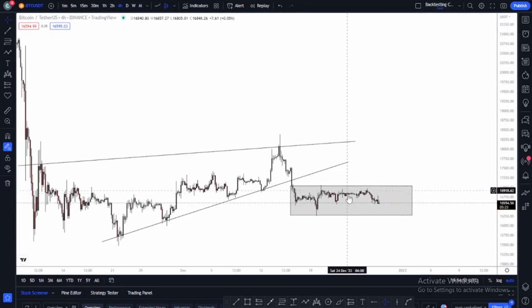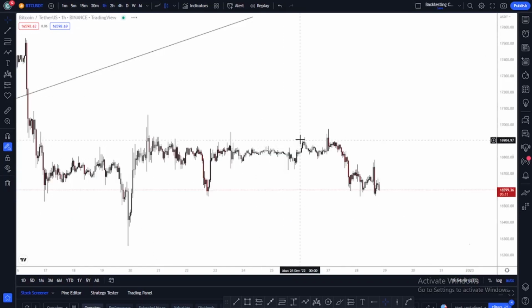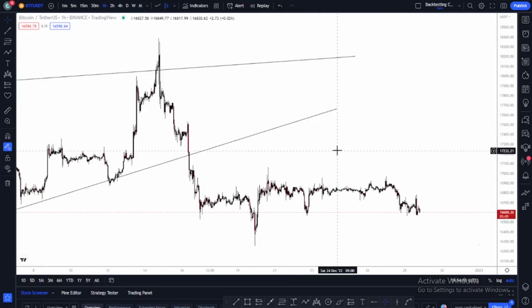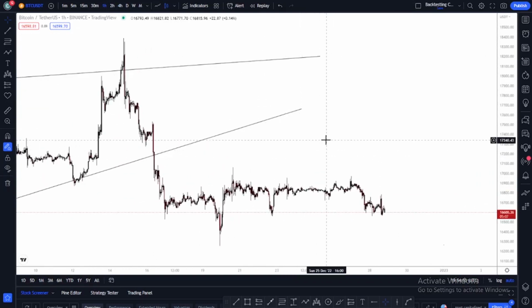So after price broke out of our bearish rising wedge pattern, what did I do? I went to the H1 to see if I can still identify a new chart pattern, or to wait for price to create a new chart pattern.